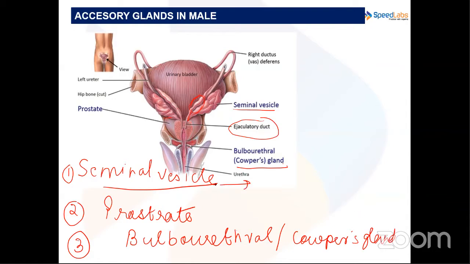What does the seminal vesicle produce? The seminal vesicle produces the seminal fluid. It secretes a viscous fluid that contributes to 60% of the total volume of the semen.